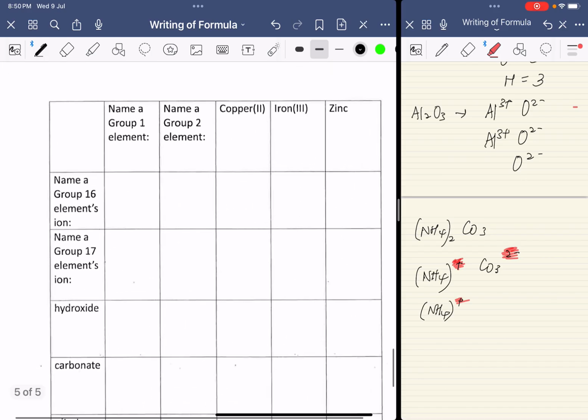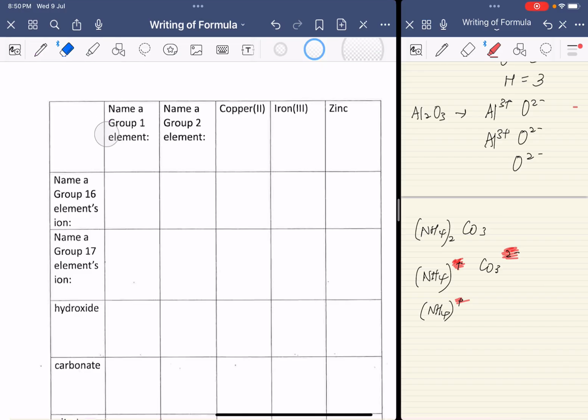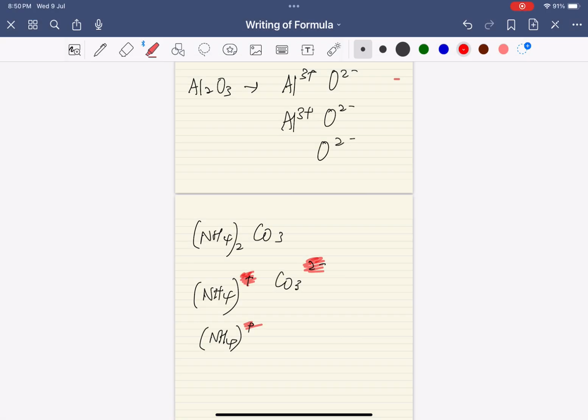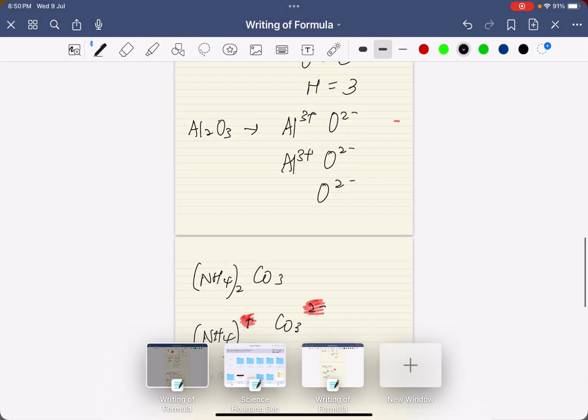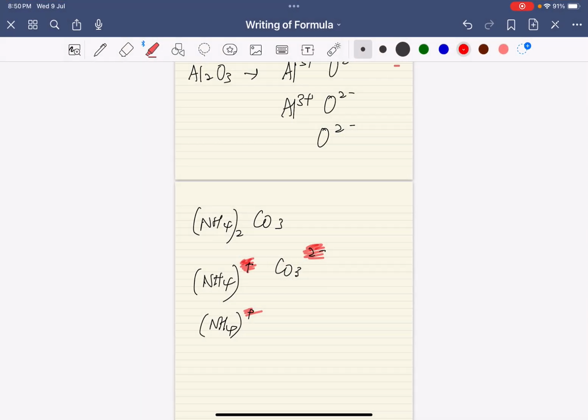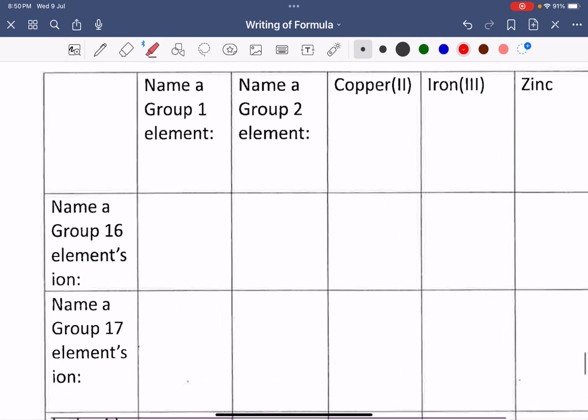I am going to end the video by showing you the group 1 elements here. Group 1 elements can be anything in your periodic table, so it can be Na plus, K plus, lithium plus.